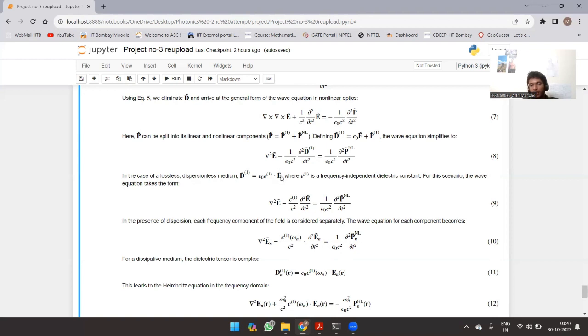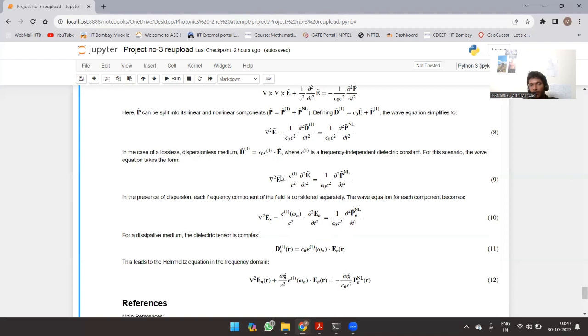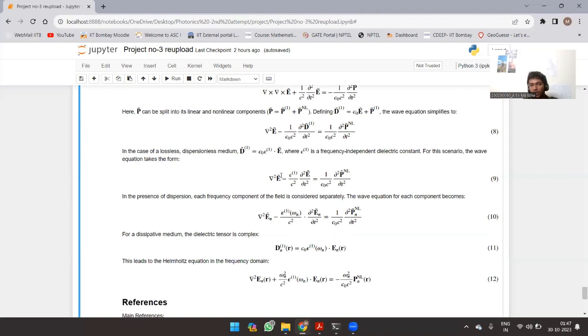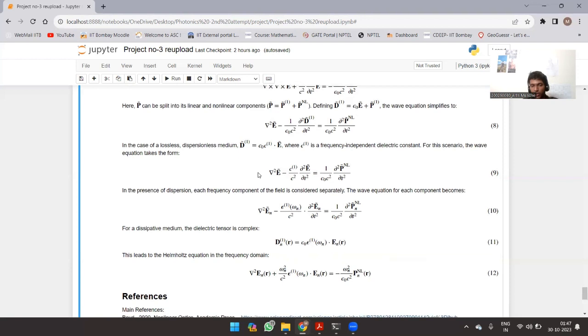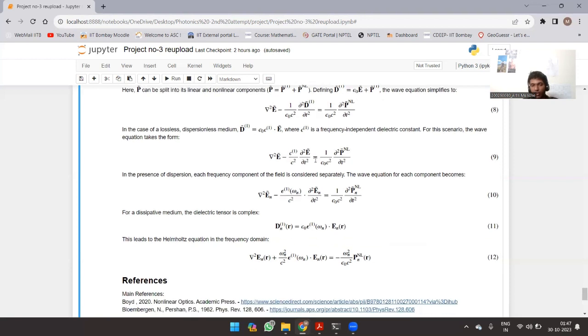Here we are considering the case where the linear dielectric constant is a scalar, and we know that for a dispersive medium, you can write the E vector as the sum over n of En of r and t times e to the power minus i omega n t for different frequencies. And you substitute that into the above equations and finally arrive at this equation. And this is my part.